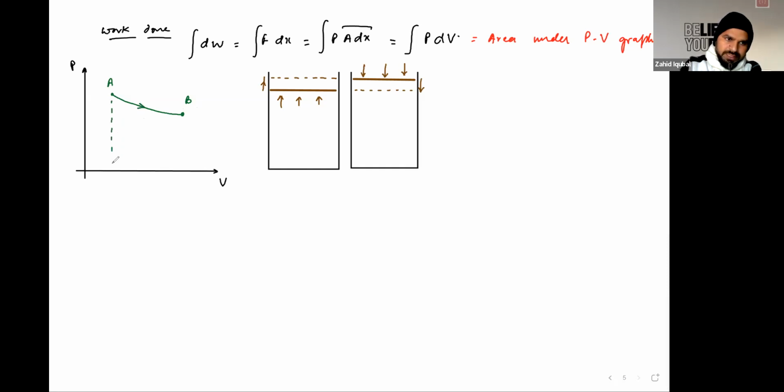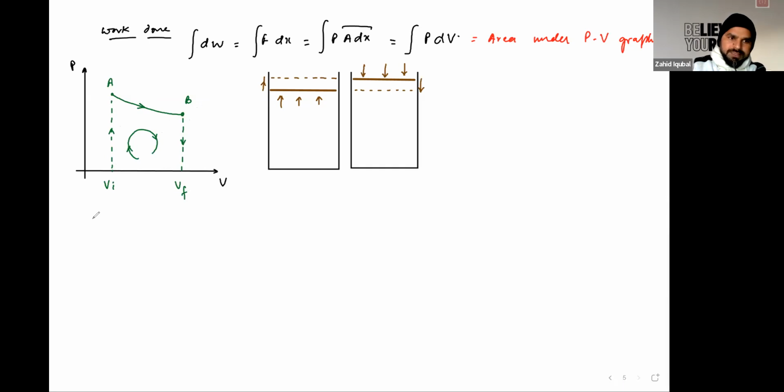If you draw a vertical line, it will be the initial volume and this will be the final volume. If you draw the direction of the arrow, you will get a clockwise direction of this curve. It means the area under this graph will define the work done related to this process.